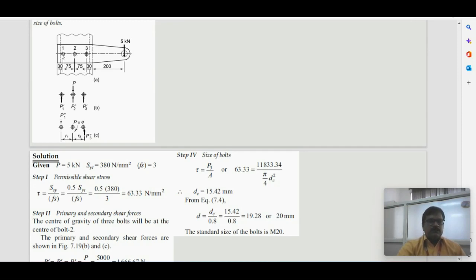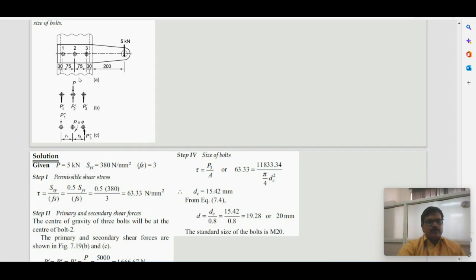For the three bolts in a single row, the midpoint lies at the center of the second bolt, so bolt 2 lies at the centroid. Therefore bolts 1 and 3 are equidistant from it at 75: bolt 1 is 75 to the left of bolt 2, and bolt 3 is 75 to the right.